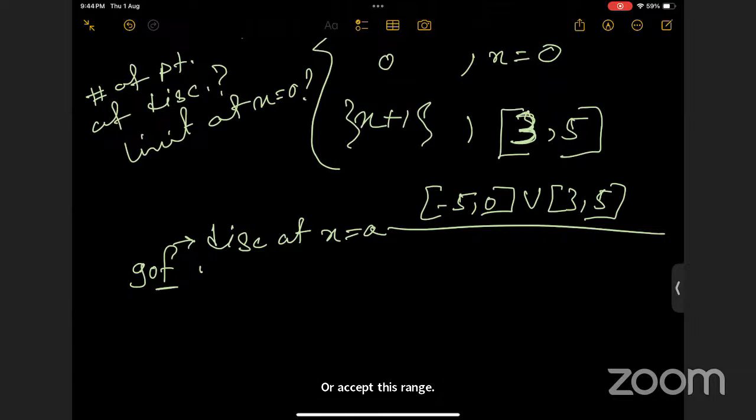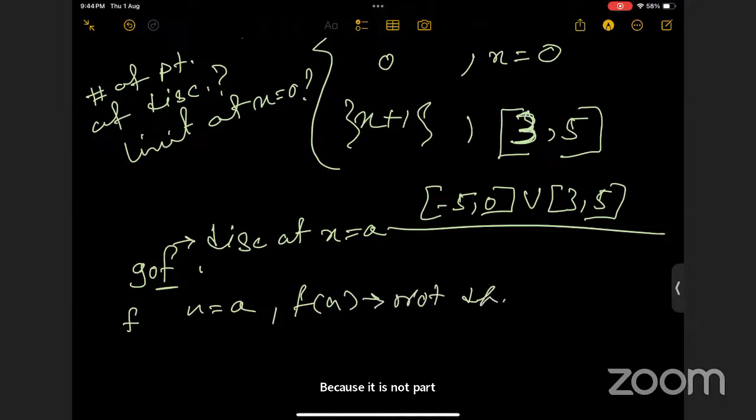So someone was asking something else, I think. Ma'am, when we say G of F, we don't know whether it will be continuous or discontinuous, but we exactly know that for x equals a, f does not have a value. Because it's not part of the domain, f is not defined there.